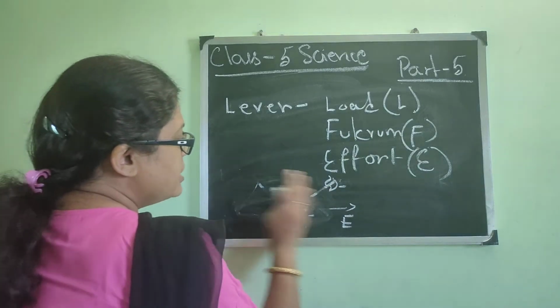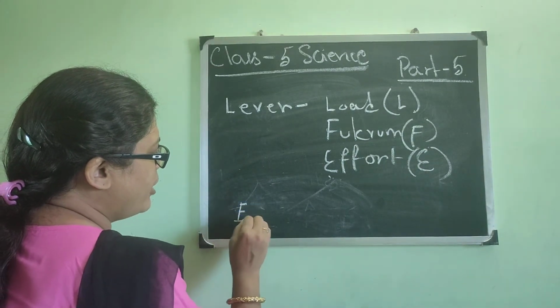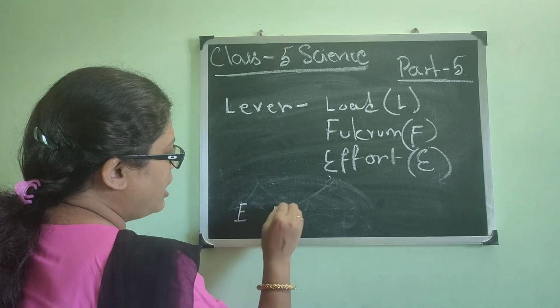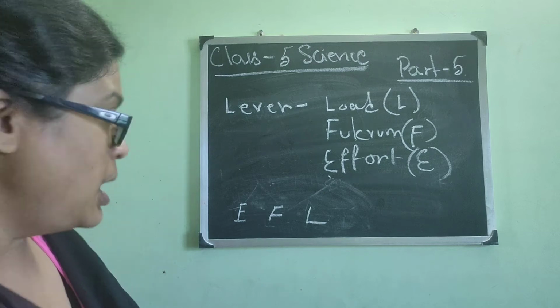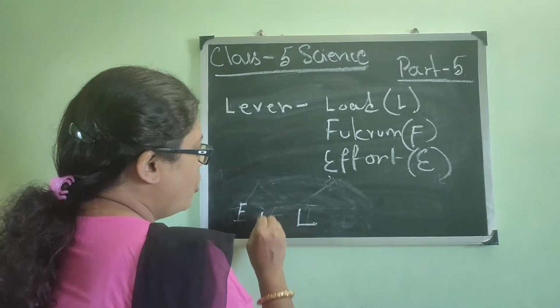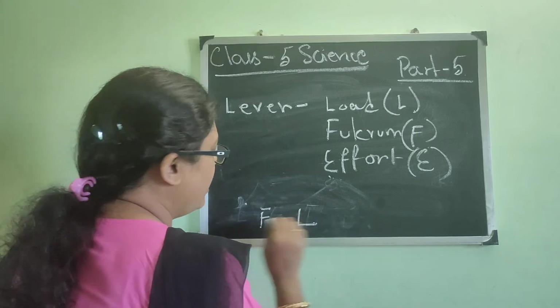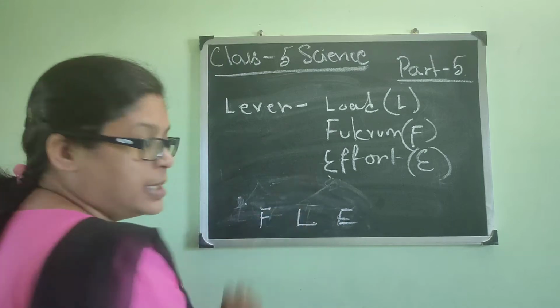Now again if I change, if I say that here is effort, here is fulcrum and here is load, this is another arrangement. Again if I say that load is in between, on one side is fulcrum and on the other side is effort.